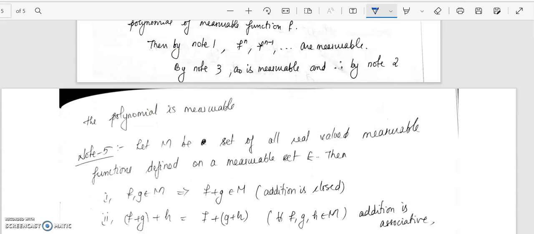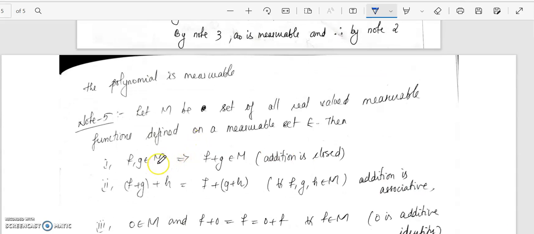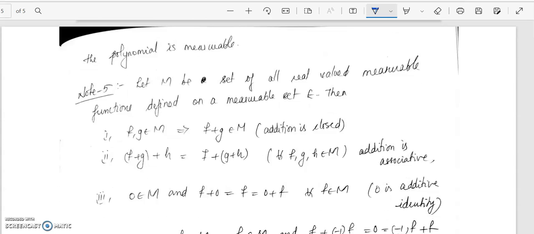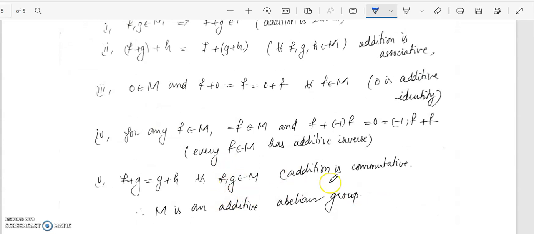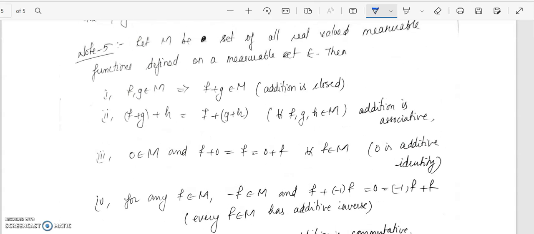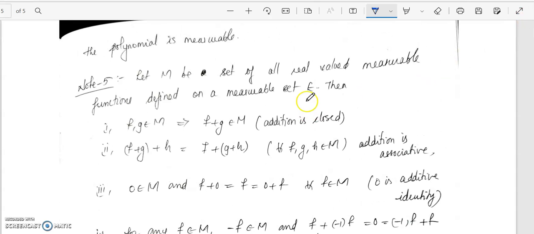Okay. So using all these results, now we can conclude that M is an additive abelian group. So M is the set of all measurable functions under the operation plus.